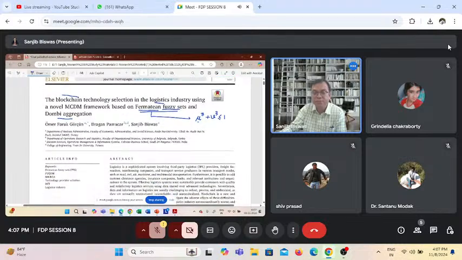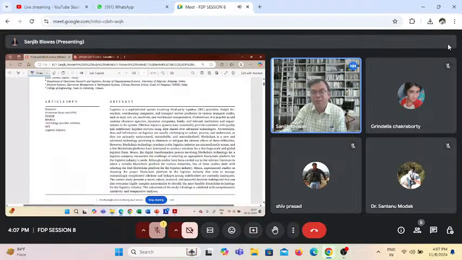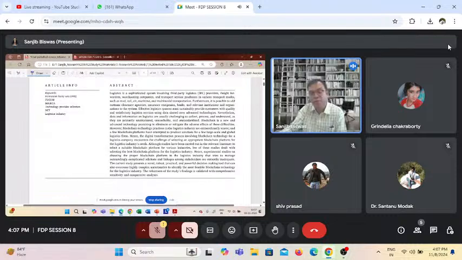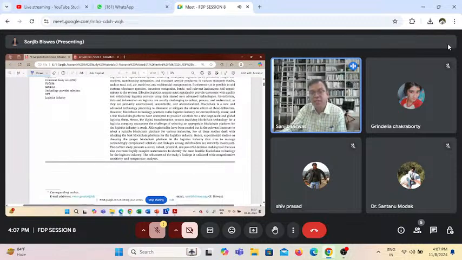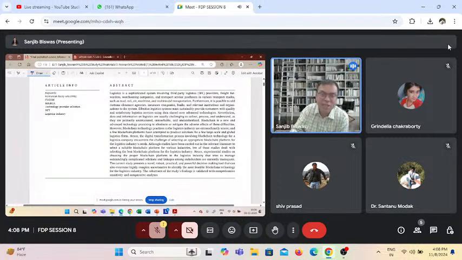Now moving forward, the first part of the research problem is the abstract. In case of an abstract for any MCDM based model, in the first two or three lines you state the background of the problem.